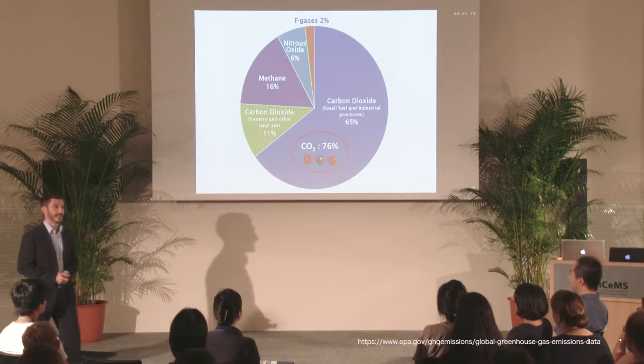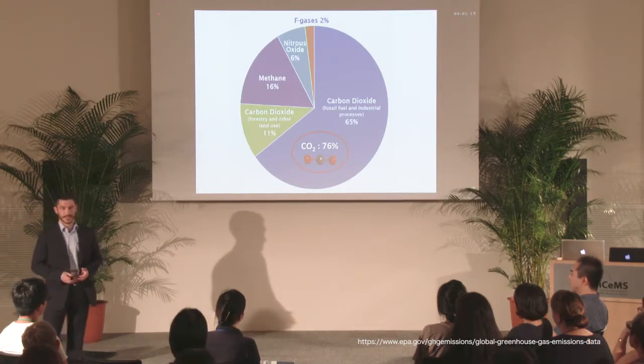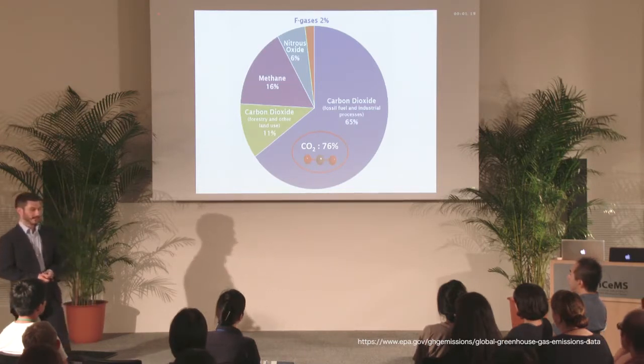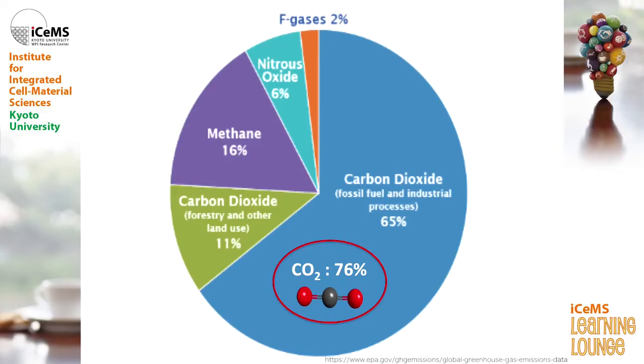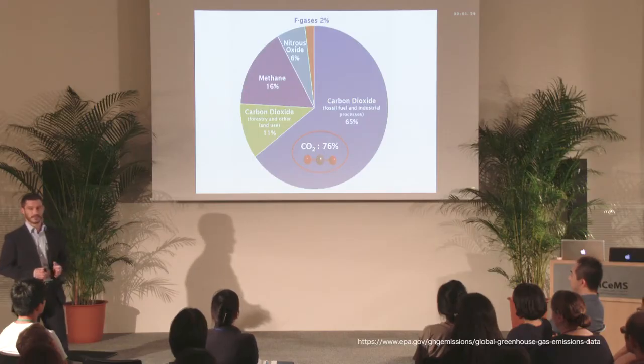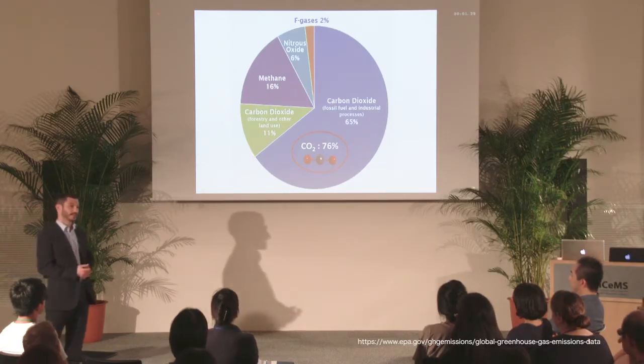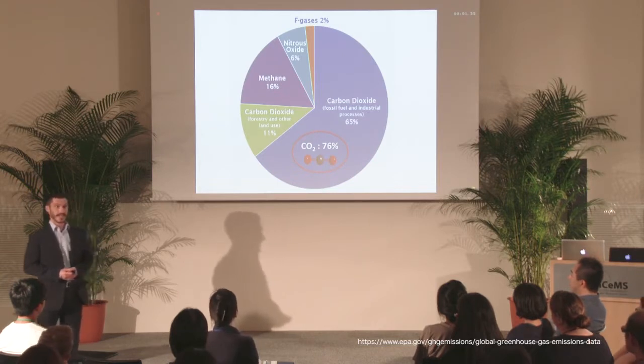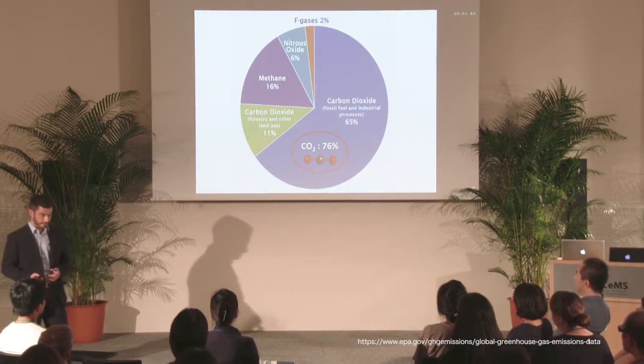So if you look in detail at what these greenhouse gases are, they're classified mainly depending on their chemical nature. So you will find fluorinated gases around 2%, nitrous oxide, methane, and last but not least, there is a huge contribution coming from carbon dioxide. And as you can see from this graph, the main contribution is actually coming from fossil fuel and industrial processes.